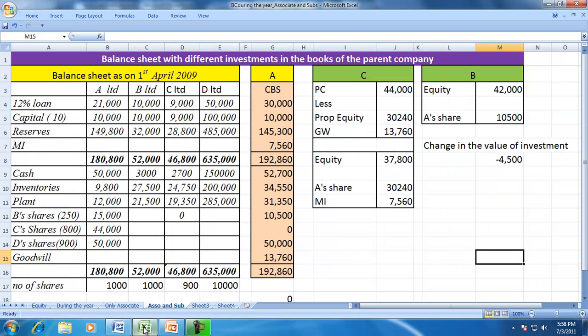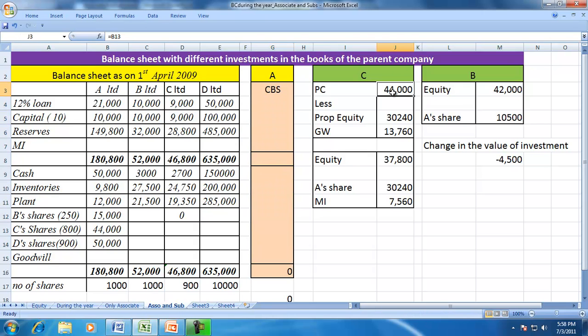Let us transfer this to the Excel sheet. Let us remove these items and rework on that. So let us see the number of shares and shares acquired.